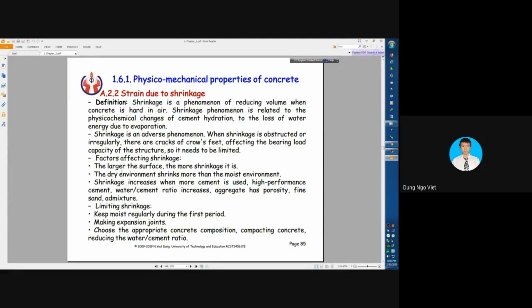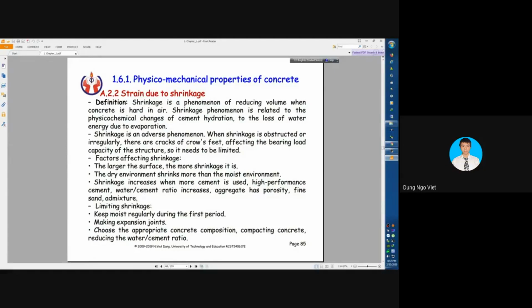And the factors affecting shrinkage are: the larger the surface, the more shrinkage it has, and a dry environment shrinks more than a moist environment. Shrinkage increases when more cement is used, with high performance cement, when the water-cement ratio increases, and when aggregates have porosity and fine sand admixture.